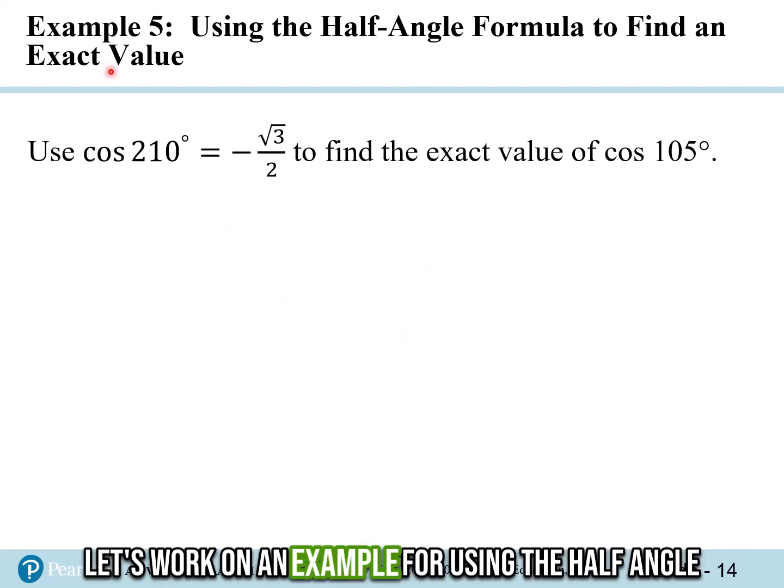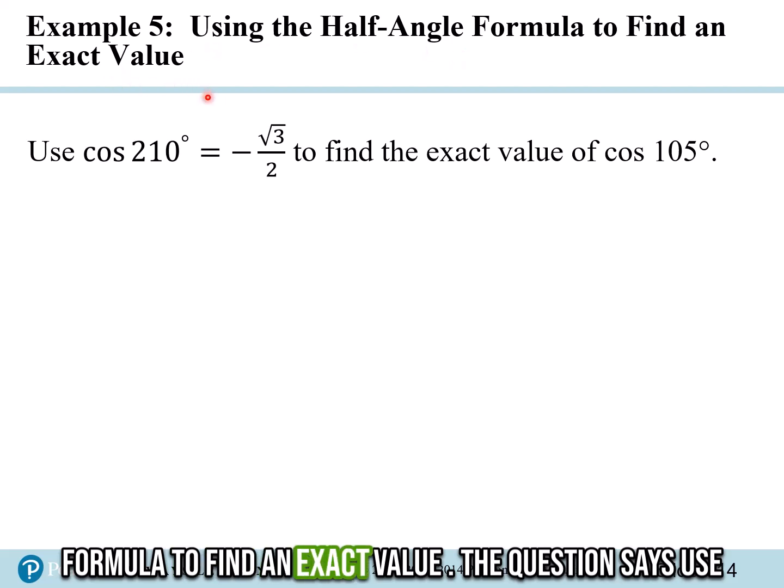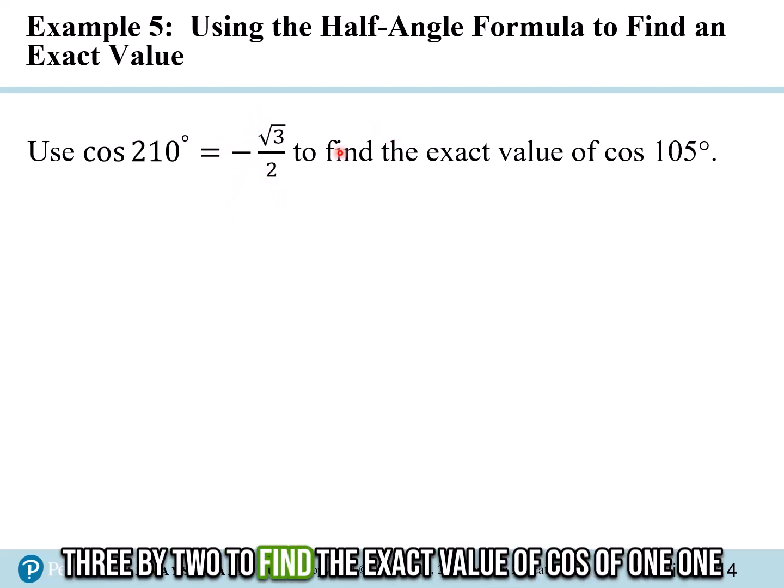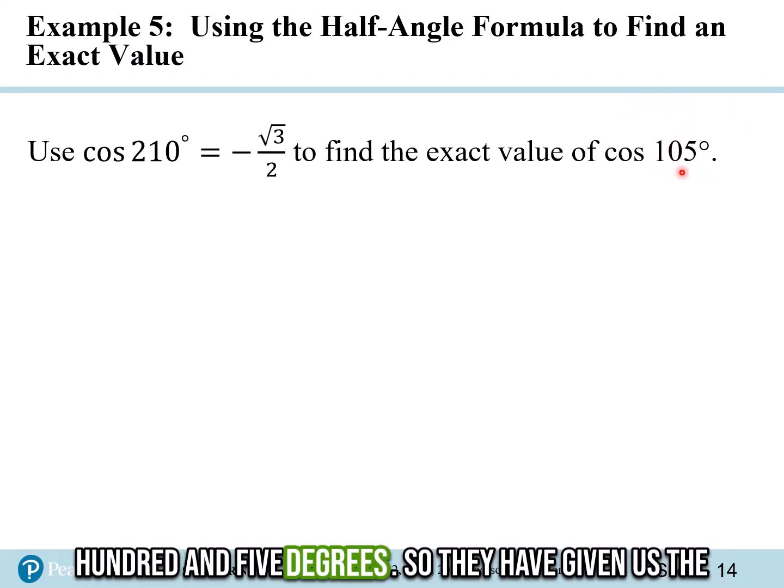Let's work on an example for using the half angle formula to find an exact value. The question says use cos of 210 degrees equals negative square root of 3 over 2 to find the exact value of cos of 105 degrees.